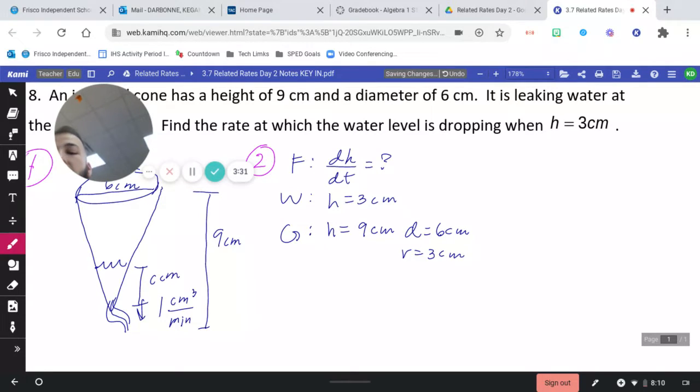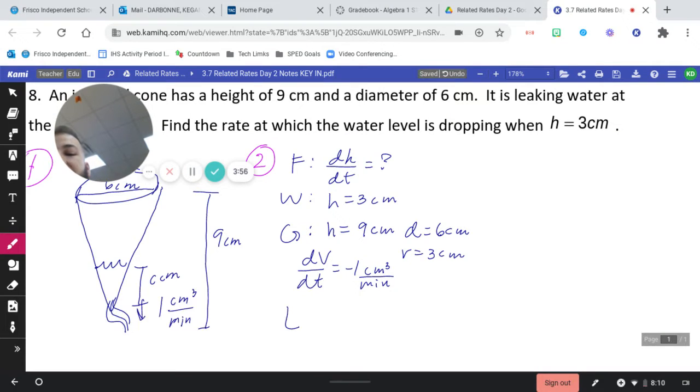Other things we're given, this 1 centimeter cubed per minute. Centimeters cubed is definitely going to be a volume measure, and it's per minute, so it's definitely a rate. It's water leaking, so it would be the rate of change of the volume. So dV/dt is equal to negative 1 centimeters cubed per minute.